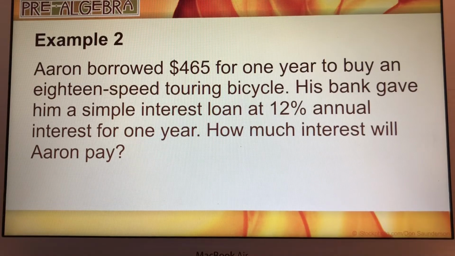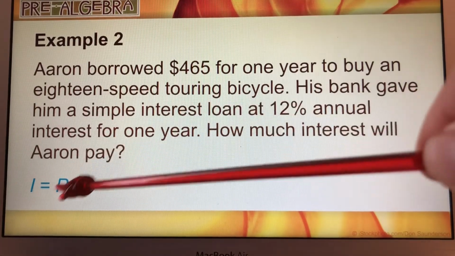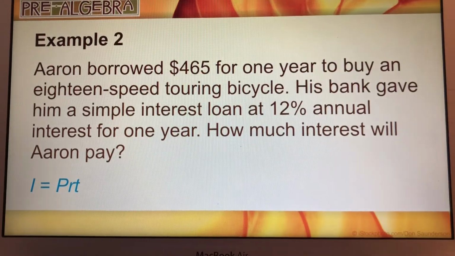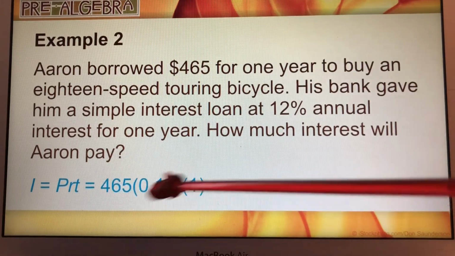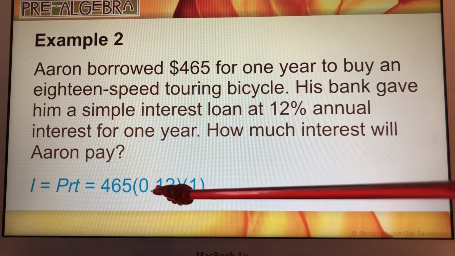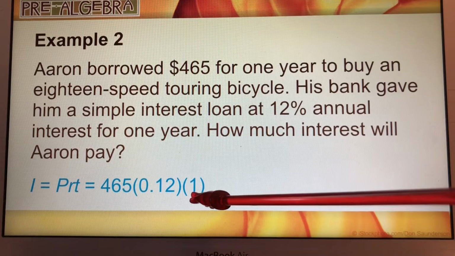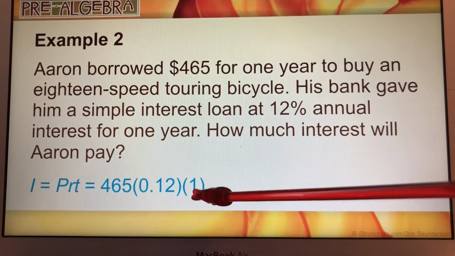So, again, what is our formula for interest? I equals PRT. Interest equals principal times rate times the time. So, our principal, he borrowed $465. The rate was 12%, and as a decimal, it's going to be 0.12. And the time, he borrowed it for 1 year.